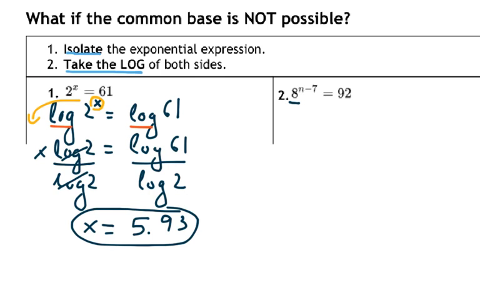Let's take a look at example 2. Bases are 8 and 92. It's not possible to have a common base, so I take log on each side. Log 8 to the exponent n minus 7, and on the right side I have log of 92.